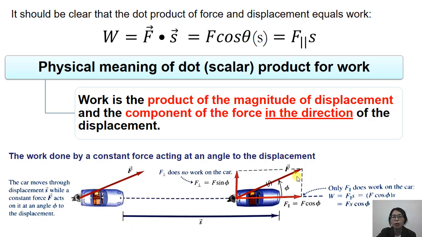This force we can resolve, or break up, into two perpendicular components, which are F sin phi and F cos phi. You will find that F cos phi is the component parallel to the displacement, so this force will do work on the car. Whereas the force F sin phi is perpendicular to the displacement, so this force will do no work on the car.